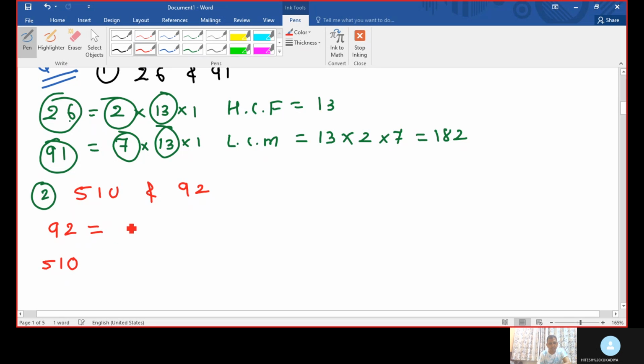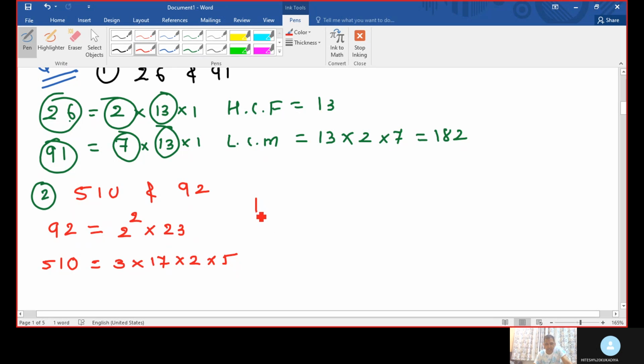Now factorize 92. 23 4s are 92, so 2 raised to 2 into 23. And for the factorization of 510, split this number: 51 into 10. 51 factors are 3 into 17, and 10 factors are 2 and 5. So 510 factors are 3 multiplied by 17 multiplied by 2 multiplied by 5.